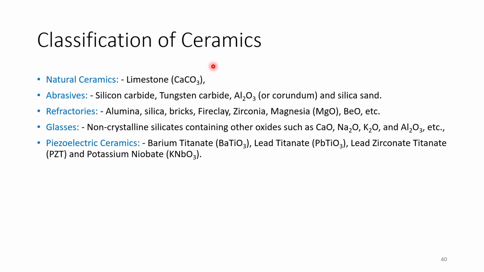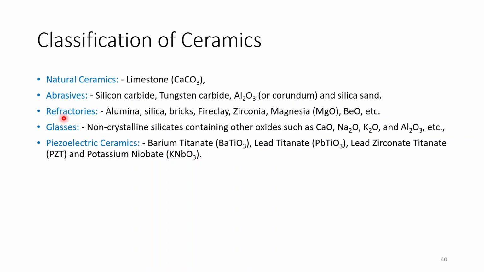The classification of ceramics: natural ceramics, such as limestone, calcium carbonate. Abrasives, which are used for abrasion: silicon carbide, tungsten carbide, alumina or corundum, and silica sand.